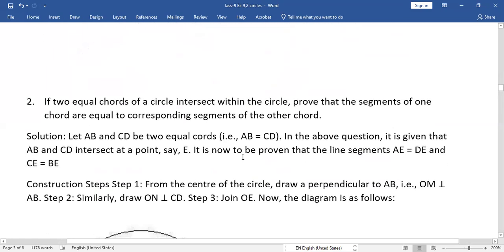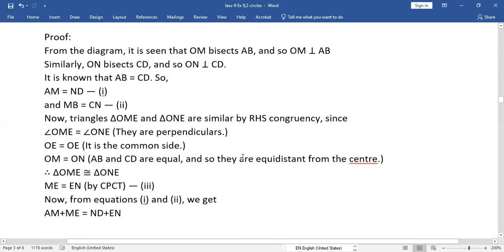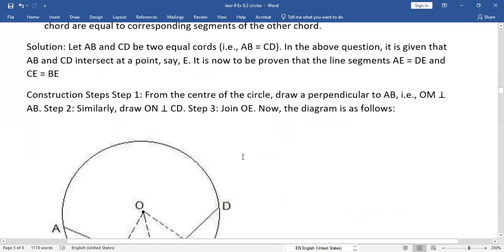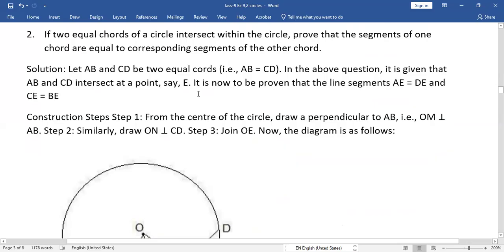Now the next question. If two equal chords of a circle intersect within the circle, prove that the segments of one chord are equal to the corresponding segments of the other chord. This figure is not given in the textbook.